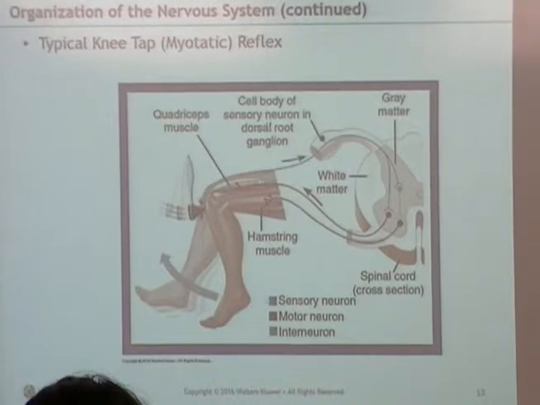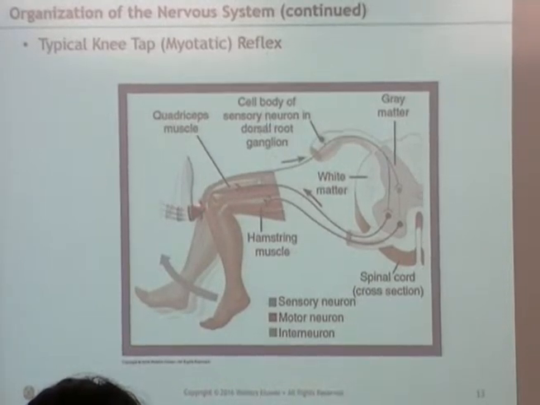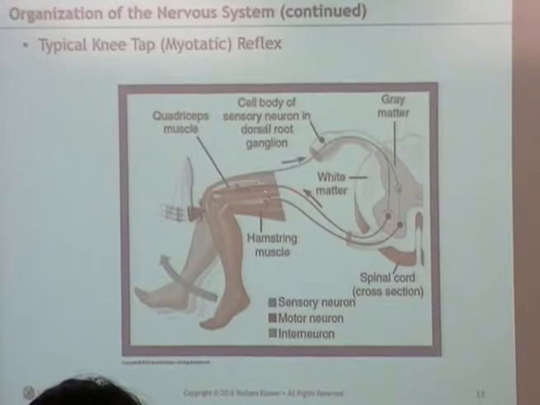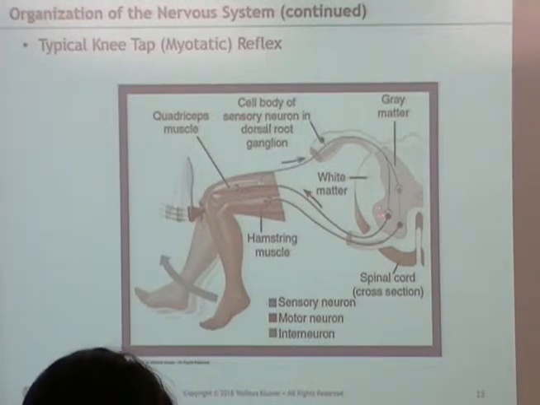But when we do a knee tap and you tap the patellar tendon, it stretches the quad. The muscle spindle sends a quick signal off to the spinal column, and that synapses with the motor nerve that then causes the muscle to contract.